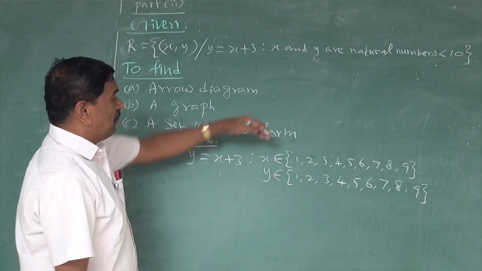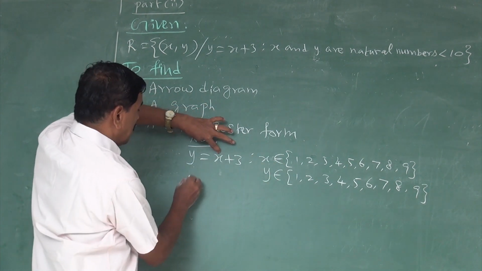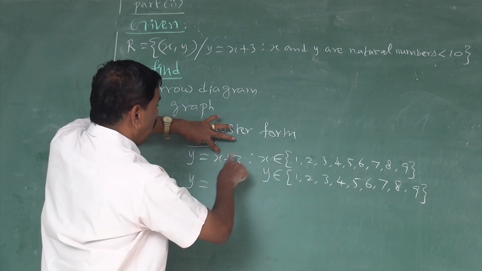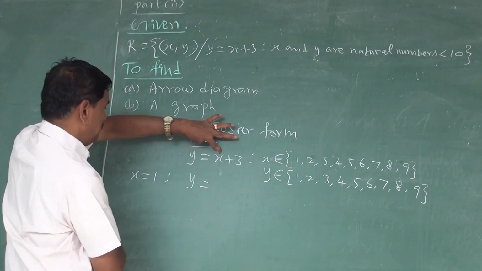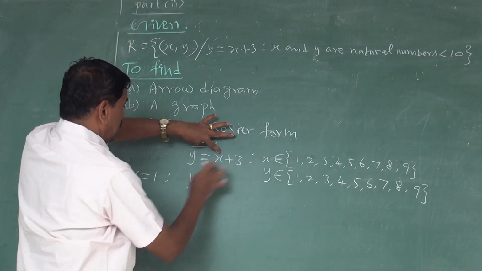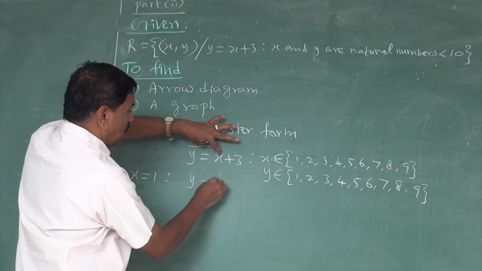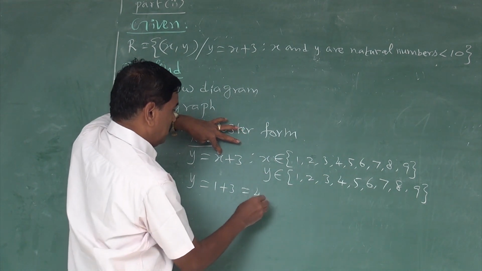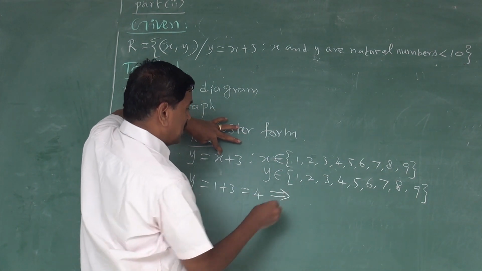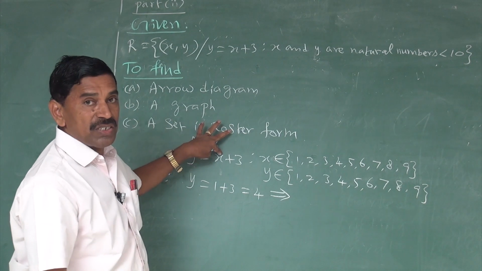Now first substitute the x values. Listen, when x is equal to 1, y is equal to 1 plus 3, which is equal to 4. Whether the ordered pair is possible or not?